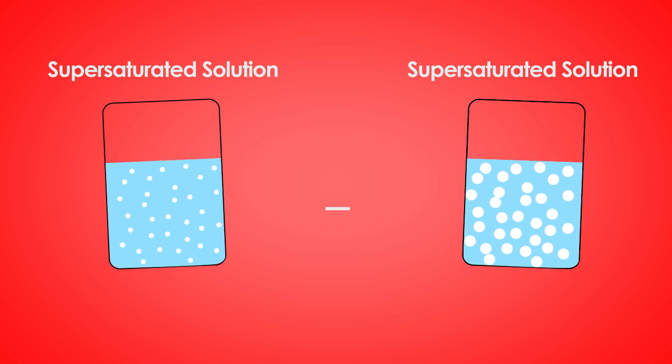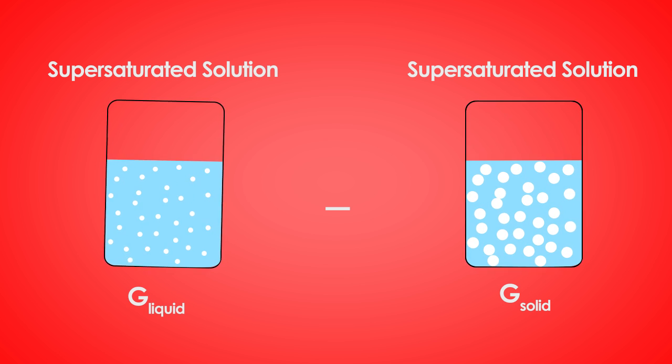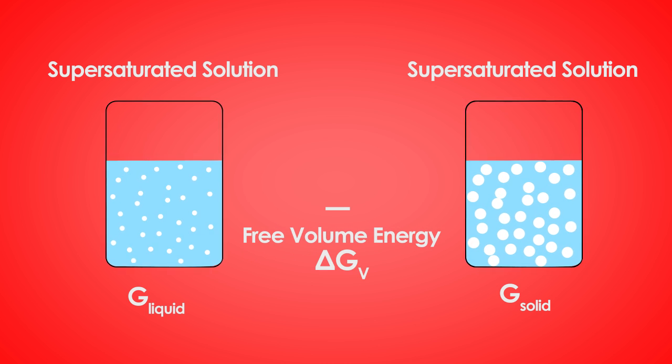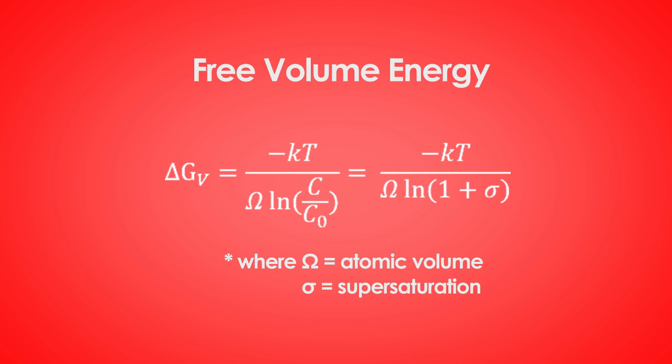This indicated energy is also the free energy difference between the solid phase and the liquid phase, also referred to as the free volume energy, denoted by ΔGv. The free volume energy is dependent on the solute concentration C, temperature T, and the supersaturation σ, as shown in the equation.